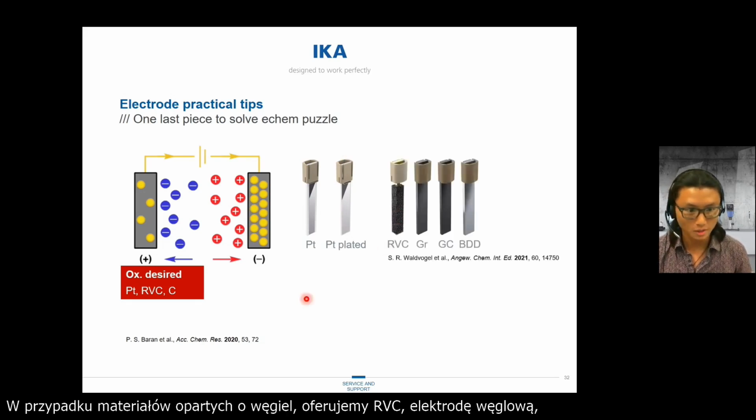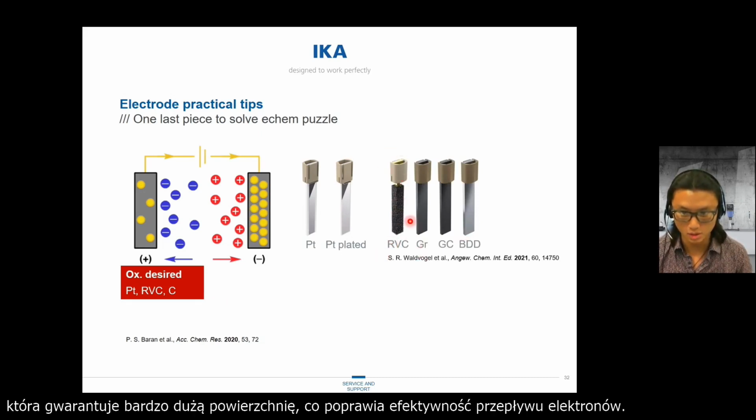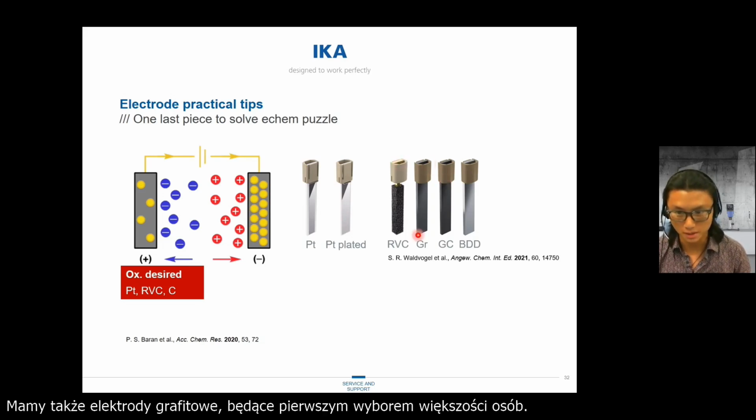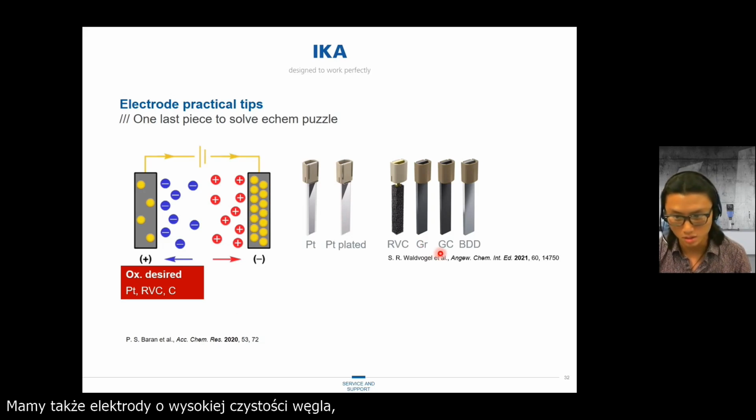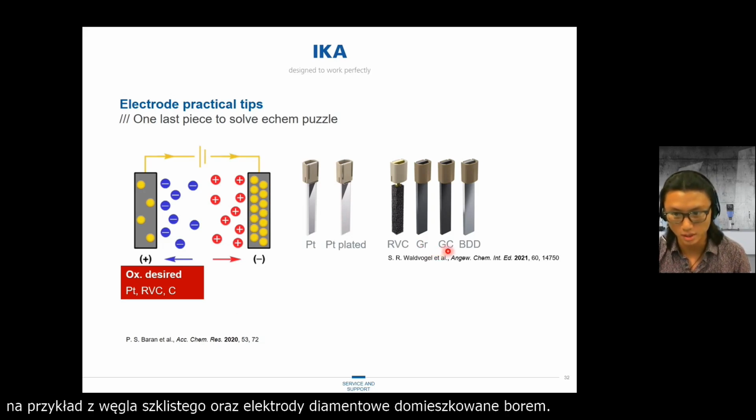And as for carbon-based materials, we have RVC, a foamy carbon electrode, which gives you more surface area and thus improves the electron efficiency. We also have graphite, which is a starting point for everybody. And we also have more pure carbon electrodes, such as glassy carbon and boron-doped diamond.